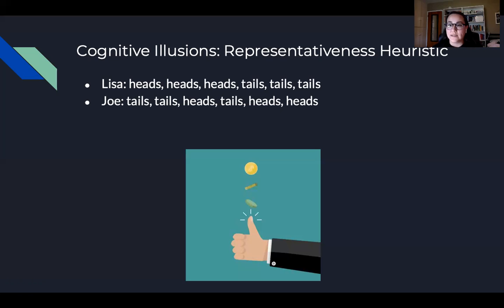But again, here we're taking an approach that in order to understand what normal functioning looks like, we need to have an idea of where the breakdowns in functioning can occur. So we're going to continue talking about various cognitive illusions.